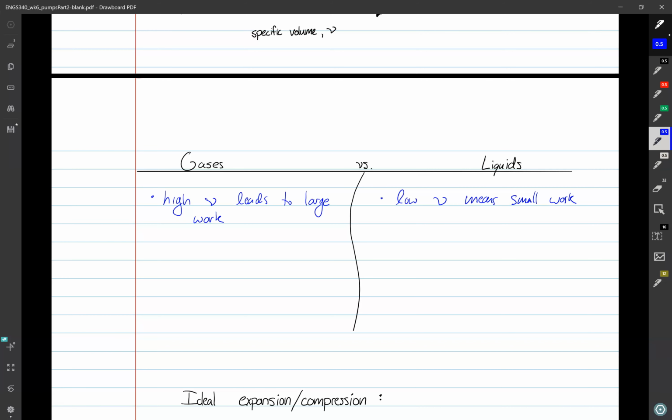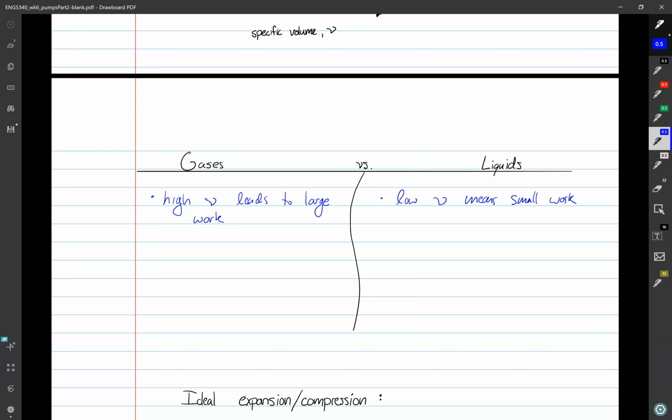So if we think of a system, like a Carnot cycle, or a Rankine cycle rather, where we have a gas expanding across the turbine and a liquid being pumped to higher pressure, the reason the pump takes less work than the expansion gives us is that we have these two different specific volumes.